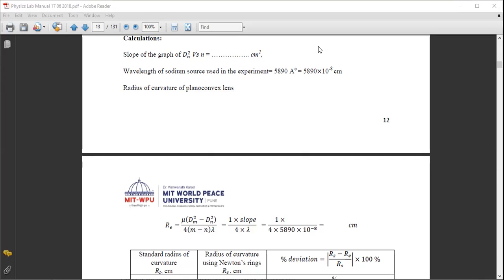You can use the Virtual Labs website of IIT Bombay, where different universities have come together to create this virtual lab, or you can also google Newton's ring virtual lab experiment. A link from Amrita University comes up, and you can go there and perform this. It is very straightforward to perform.